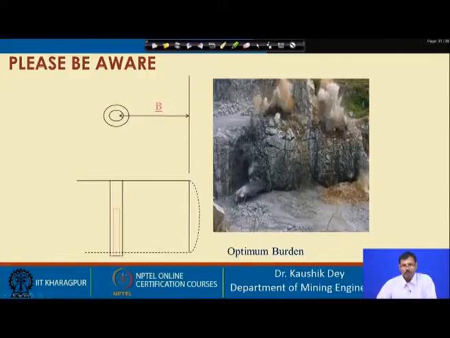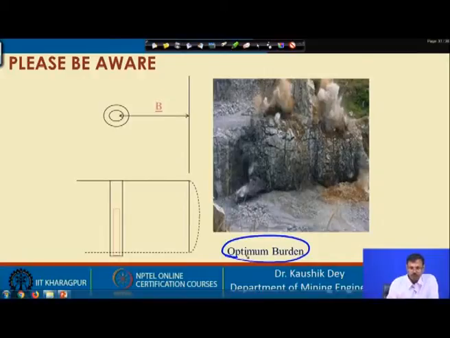One must be aware, and I am dictating this again because it was already discussed once in the explosive rock interaction: burden must be optimum, and optimum burden will give us the best result.